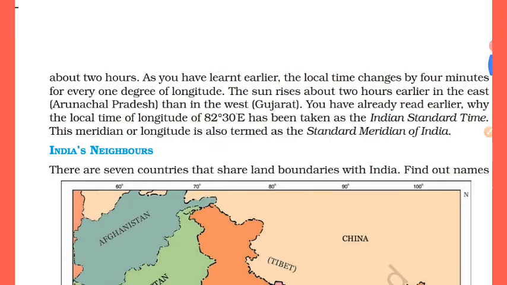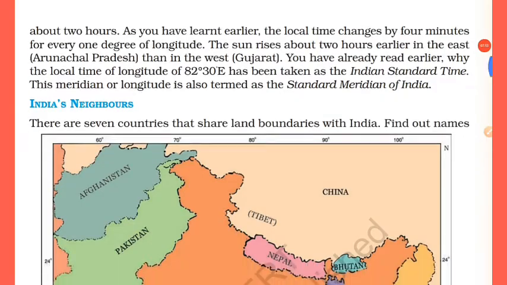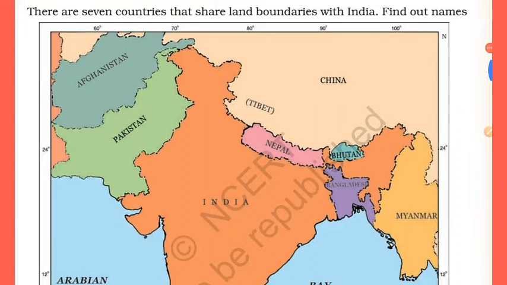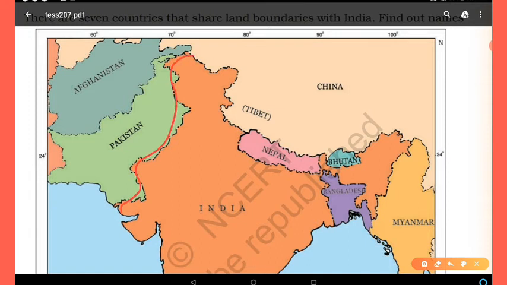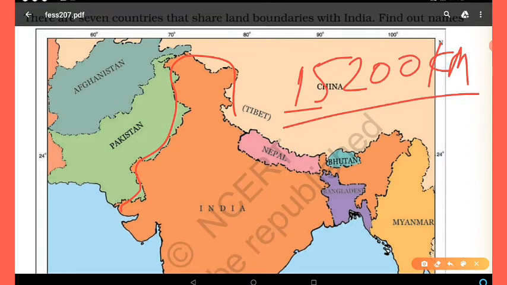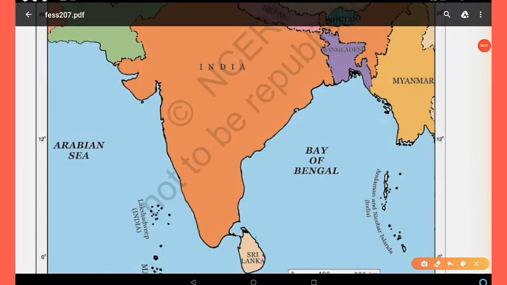So this is India's neighbors. About this topic we'll discuss now. We have discussed there are 7 countries that share land boundaries with India. What is the length of the land boundary of India? 15,200 kilometers.